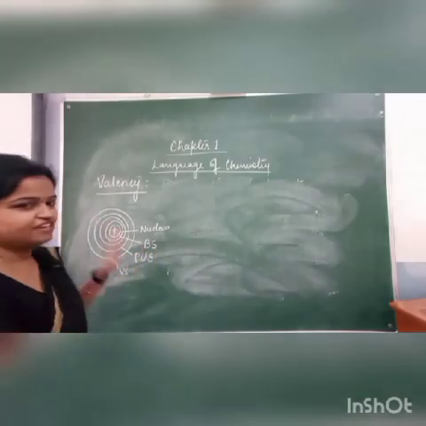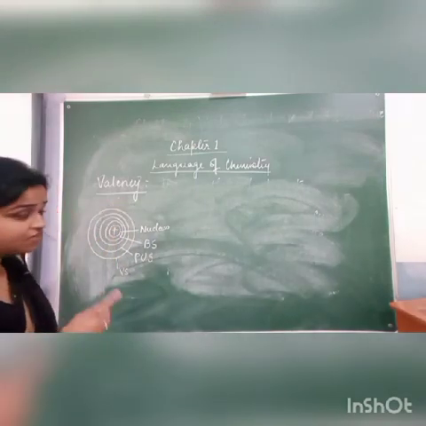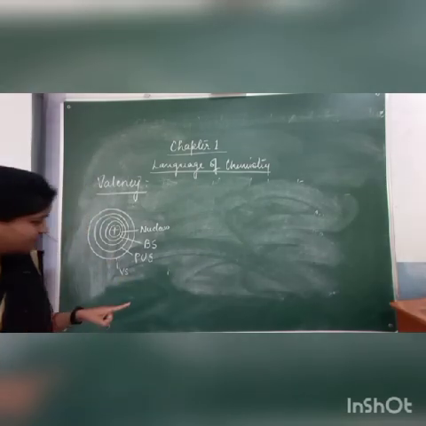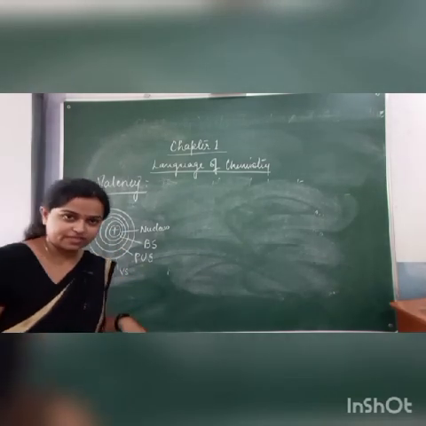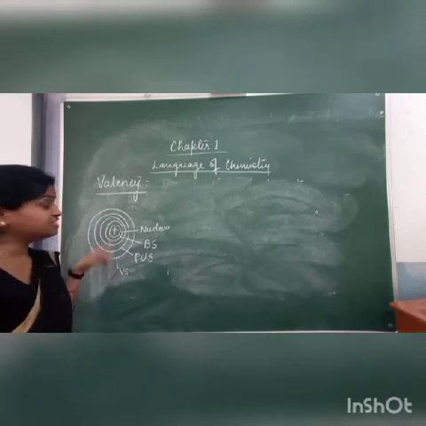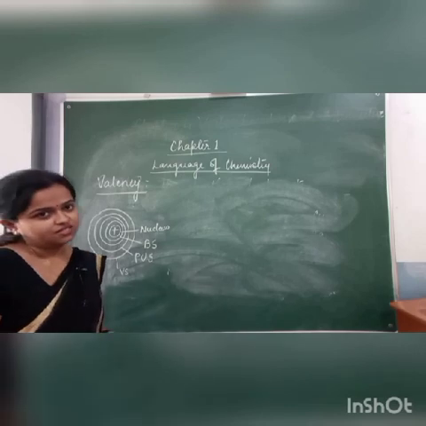Now, as I told you 5 points, out of that we will discuss the example of valency, where I told you the number of electrons donated or the number of electrons accepted from the valence shell just to have the nearest noble gas configuration is called valency.